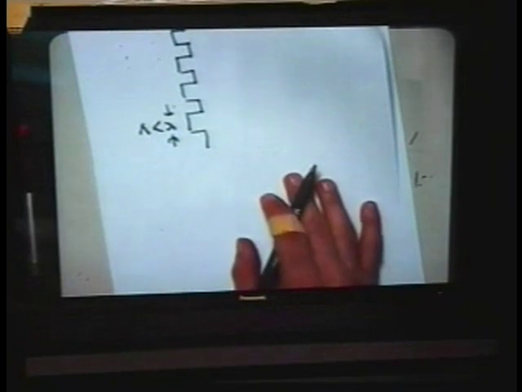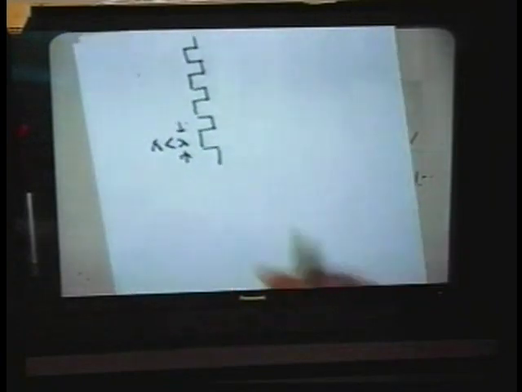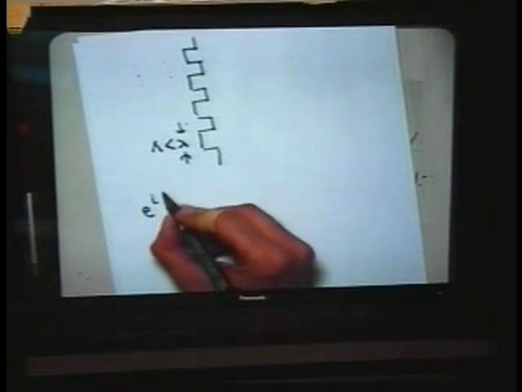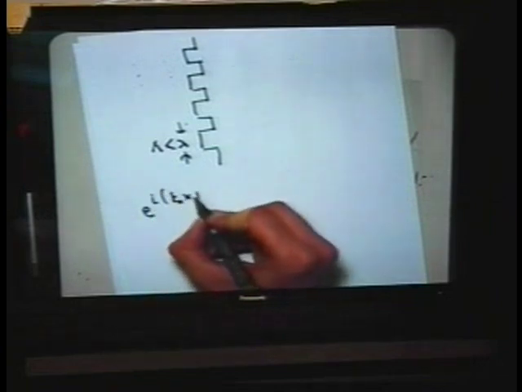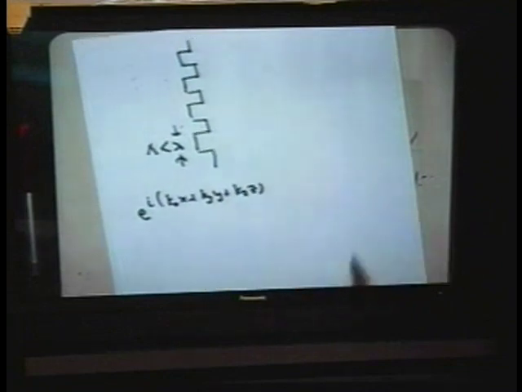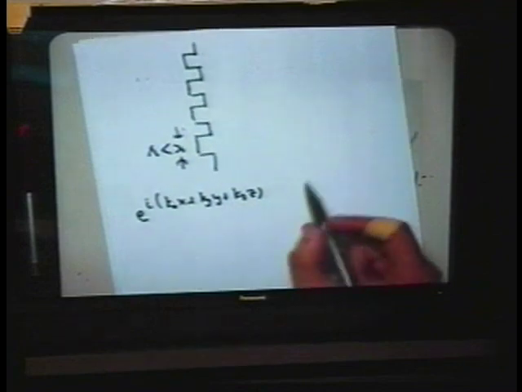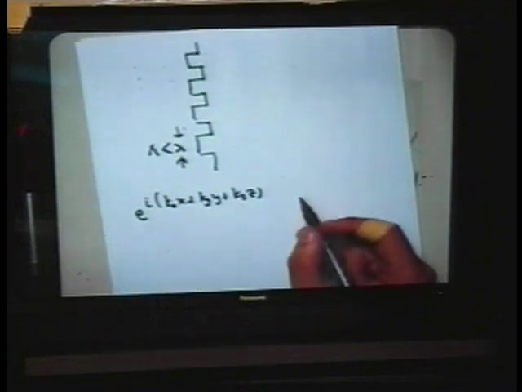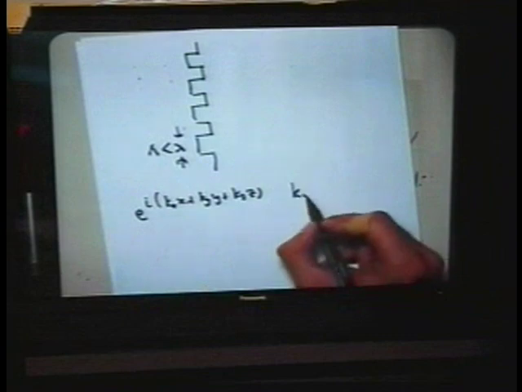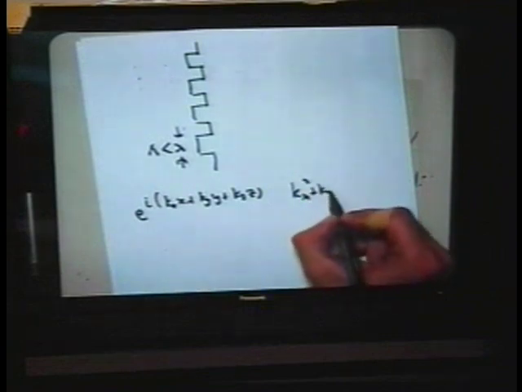Okay, so if you recall, a plane wave is of this form: e to the i (kx x plus ky y plus kz z). This we saw when we did electromagnetics. We also showed that because of the electromagnetic wave equation, the wave vector components have to satisfy this equation.